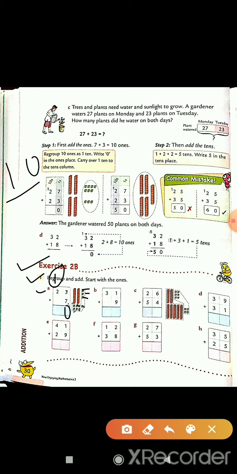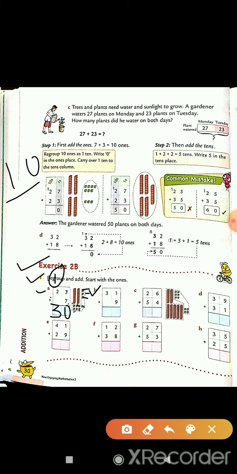Now add the tens, 1 and 2. Whenever we add 1 to any number, the answer is the number after. We have learned this in the previous video, that is part 1. Do you remember students? So what comes after 2? 3. So here your answer is 30.